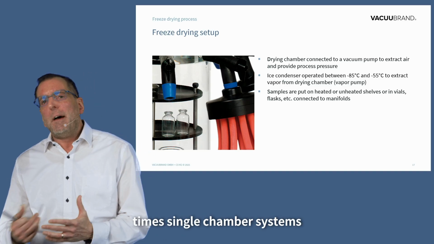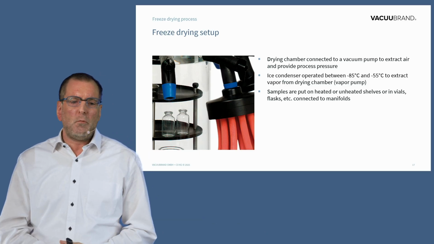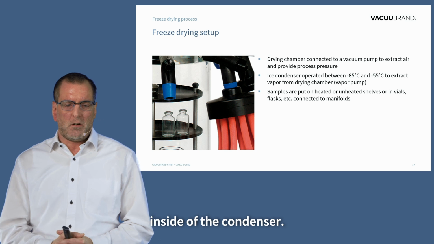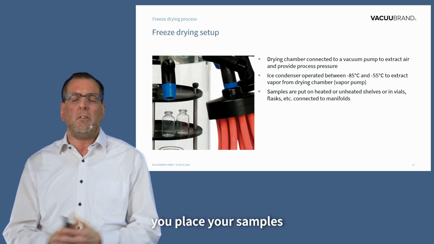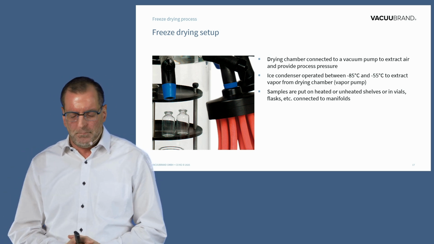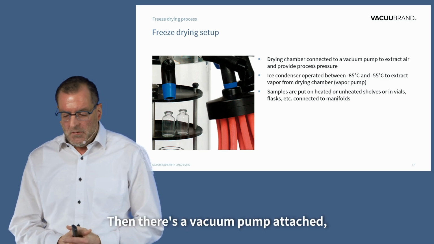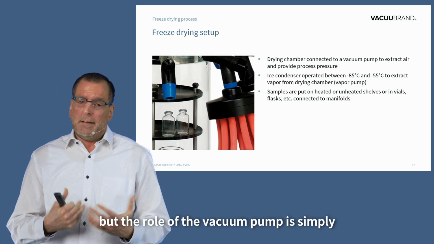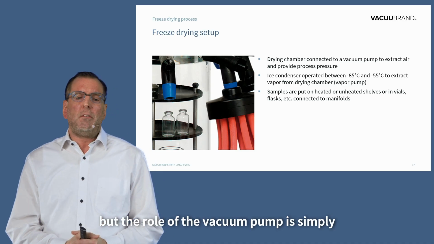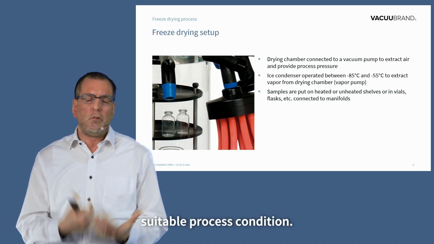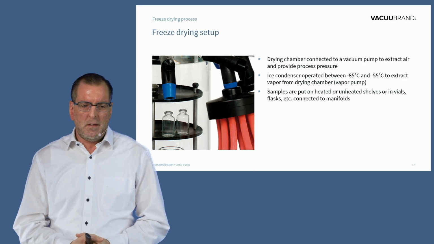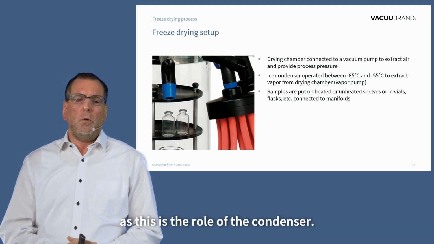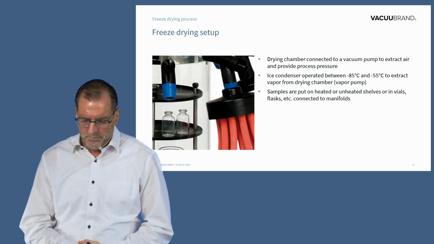And there are sometimes single-chamber systems where the drying chamber is positioned inside of the condenser, so you place your samples actually inside of the condenser. Then there's a vacuum pump attached, but the role of the vacuum pump is simply to provide your suitable process condition. It does not really remove anything out of the system, as this is the role of the condenser.